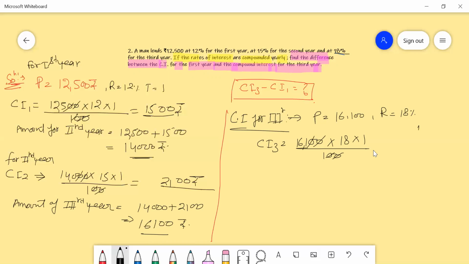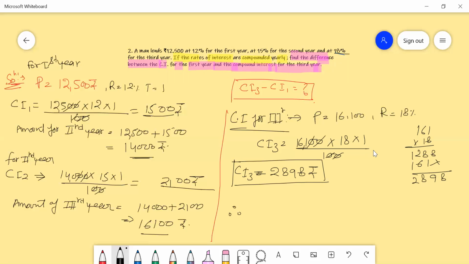So we have to calculate 161 into 18. 8 times 1 is 8, 8 times 6 is 48, 4 carry 8, 1 times 8, 8 plus 4 is 12. So 2898, right? So CI3 is equal to 2898 rupees.